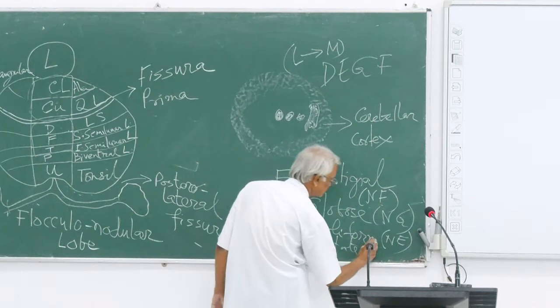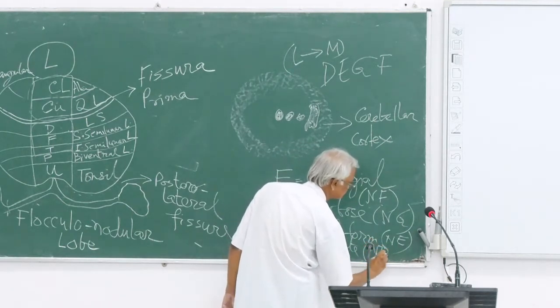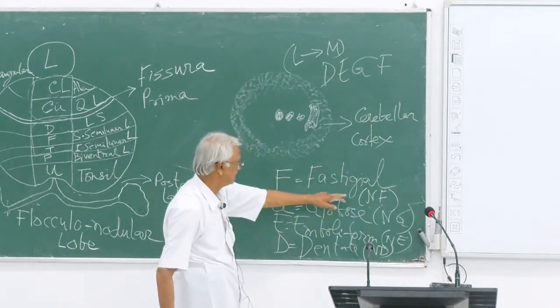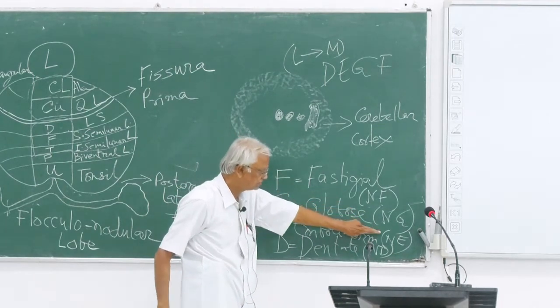So: nucleus fastigii, nucleus globosus, nucleus emboliformis, nucleus dentatus.